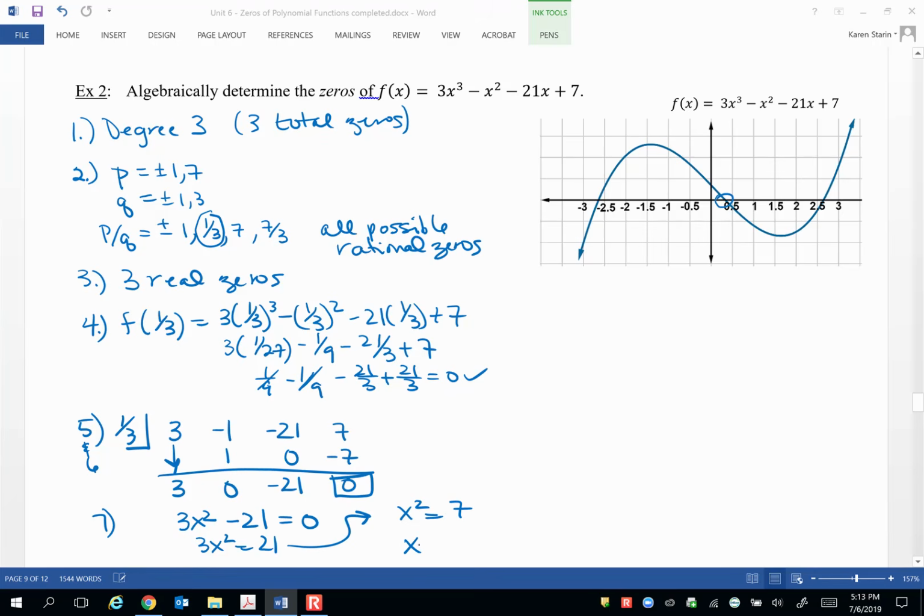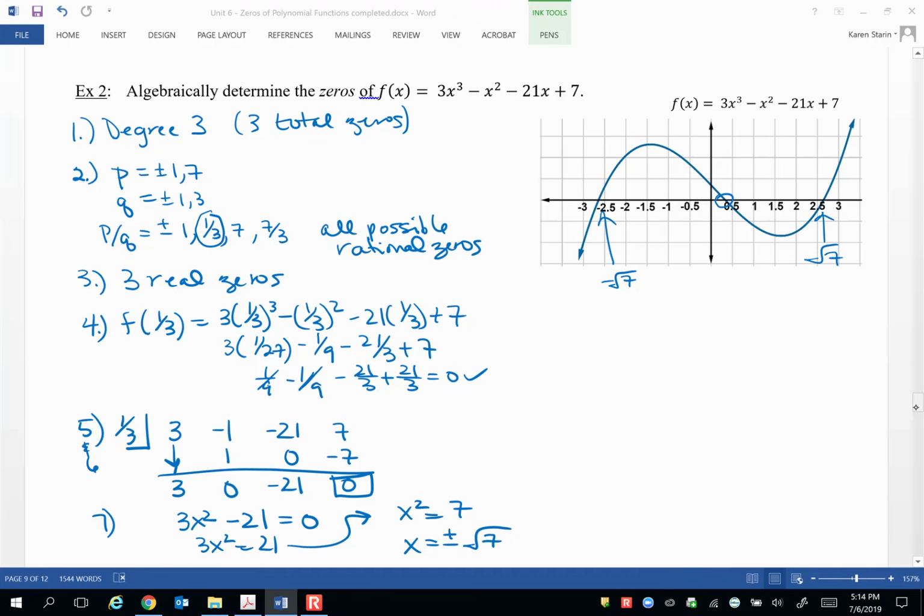So we have x equals plus or minus the square root of 7, because the square root property says we have both positive and negative square roots if we take the square root of both sides of an equation. So this would be negative the square root of 7 and this would be positive the square root of 7.